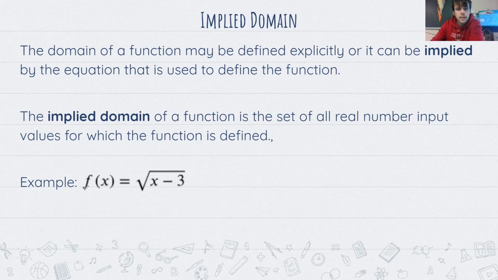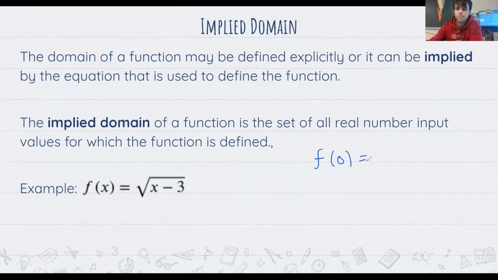So here we have this function f of x equals the square root of x minus 3. Seems simple enough. We can plug in numbers. We could plug in 4. Actually, we did that earlier on. Really, we could plug in many, many numbers. But what happens if we try to plug in a number like, I don't know, 0? We'll just take a look at this real quick. f of 0, square root of 0 minus 3.